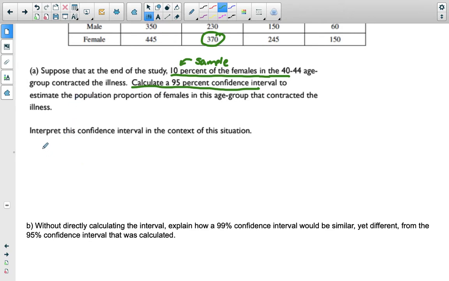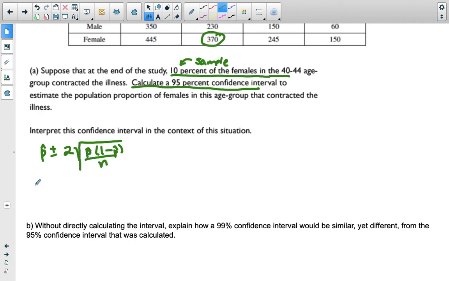For a 95% confidence interval, we find p hat plus or minus, okay, what's our z-score for 95%? So if you think of the normal distribution, that z-score is 2. So this is 2 times the square root of p hat times 1 minus p hat, over n, all in the square root.